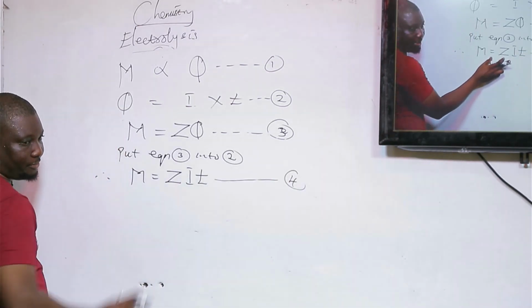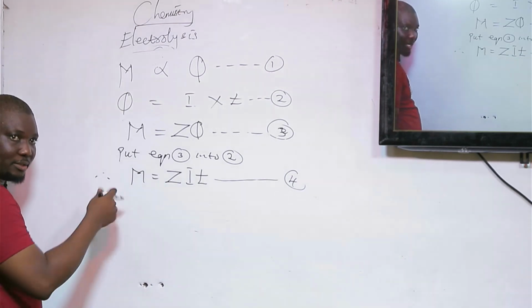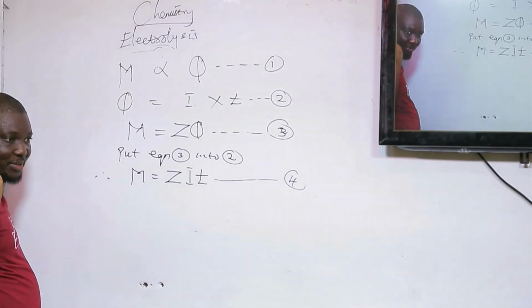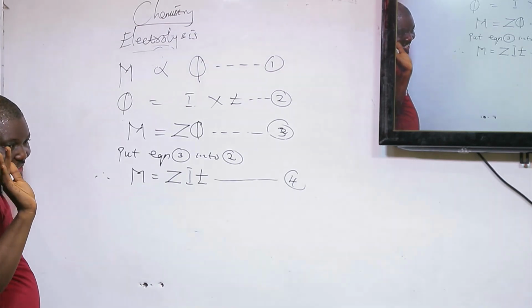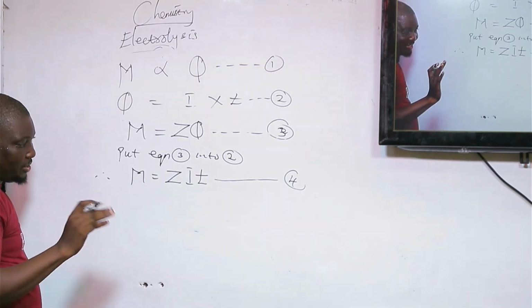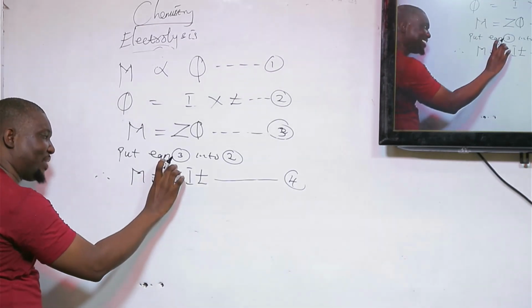But it is not complete. One can say M equals ZIT, it's Faraday's first law, but that is not complete. So I have to state emphatically what this Z is.